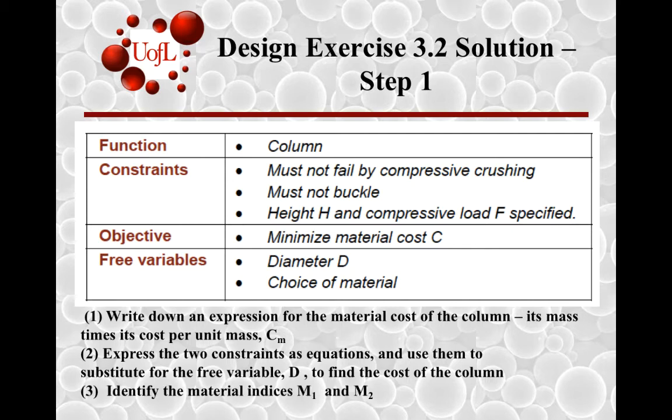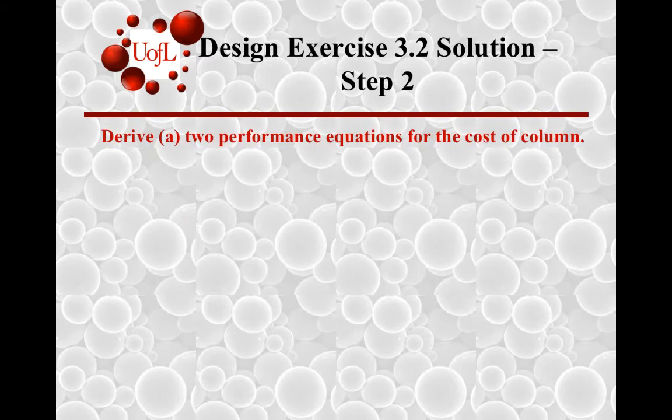And the cost equation would depend upon the load, right? The higher the load, the more expensive the column. The bigger the column, in this case, the height, the more expensive the column. And then depending upon the material index, right? The higher the material index, the lower the cost. Those are some things that you have to look at.